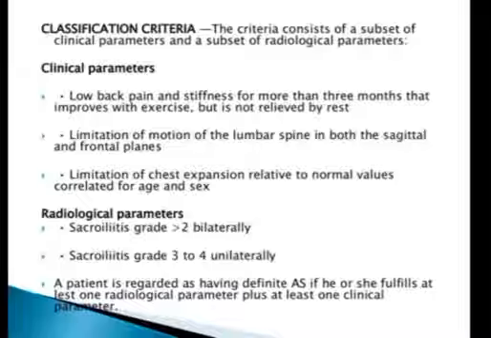Radiological parameters are sacroiliitis grade 2 or greater bilaterally, or sacroiliitis grade 3 to 4 unilaterally. A patient is regarded as having definite disease if he or she fulfills at least one radiological parameter plus at least one clinical parameter.